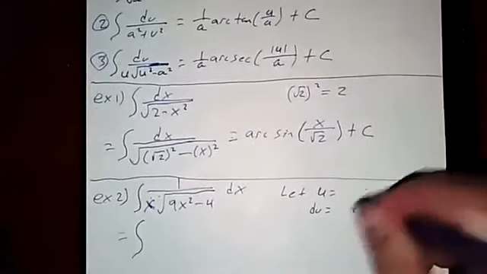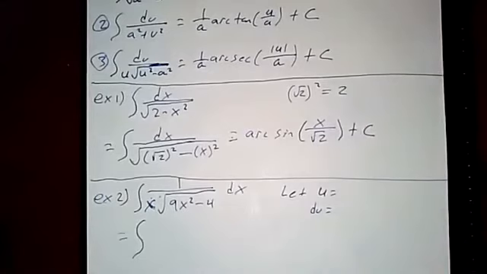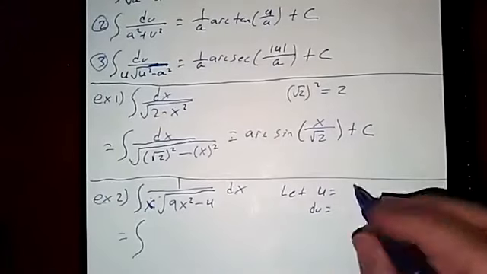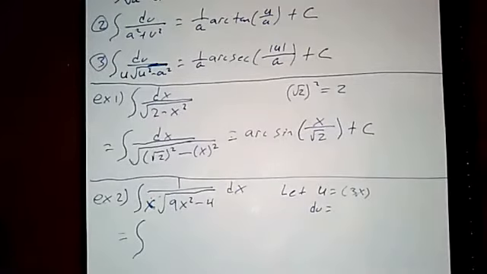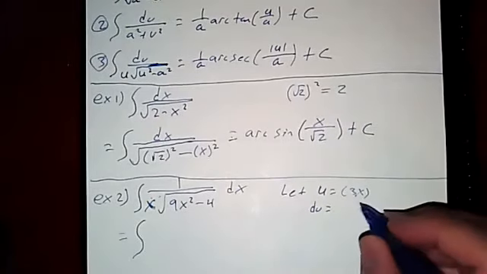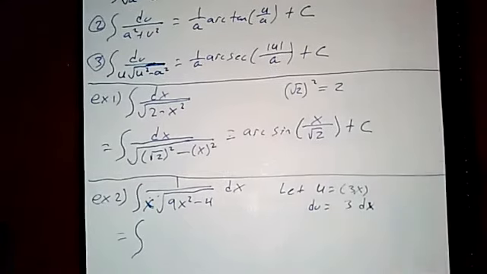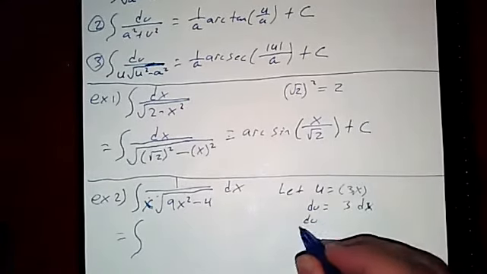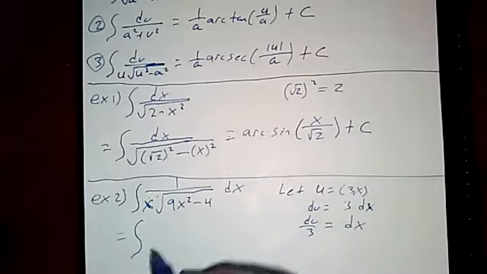I don't solve these beforehand. I just figure it out as we go together. So I'll try 3x. So du will be 3 dx, right? So du over 3 would be equal to dx. Let's see if this works.